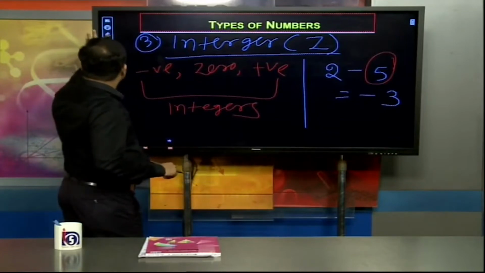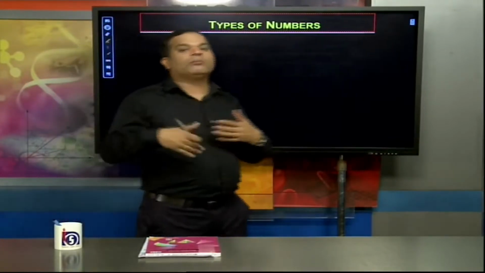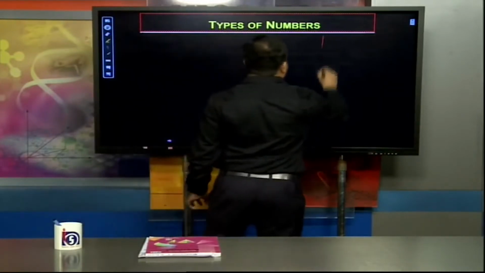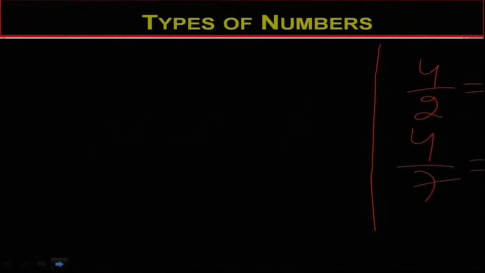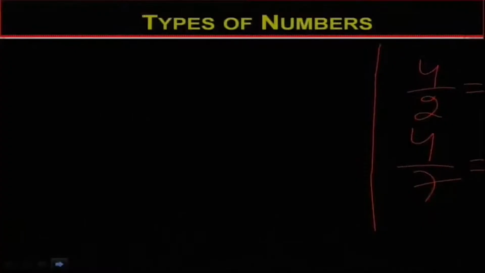Now in some cases you will find a situation when we divide one number by another number. For example, suppose I would like to divide 4 by 2. You will find the value is 2. But when we divide 4 by 7, you will not get an integer.